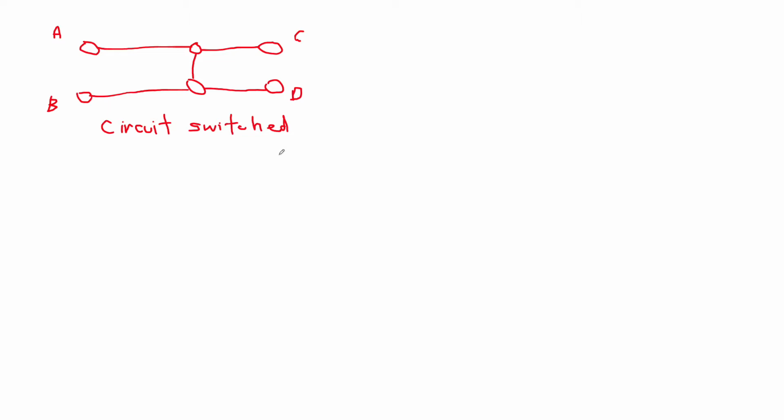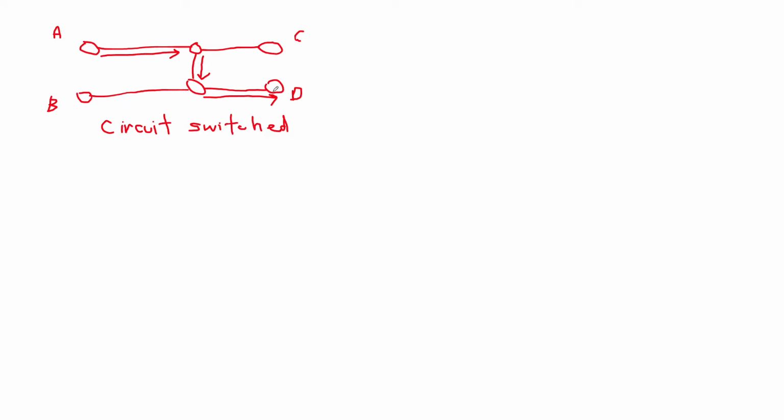So with a circuit switch network, maybe the person at house A wants to call a person at house D. When they call that person on a telephone, the network creates a circuit. So the network will create a circuit from here to that device, here, into D.